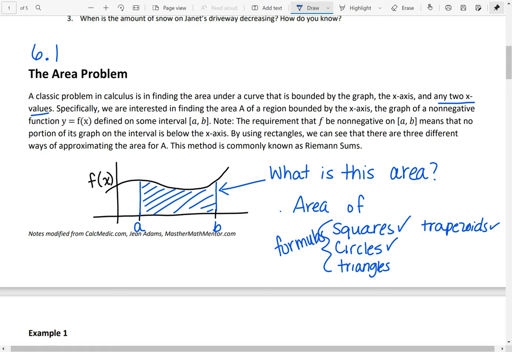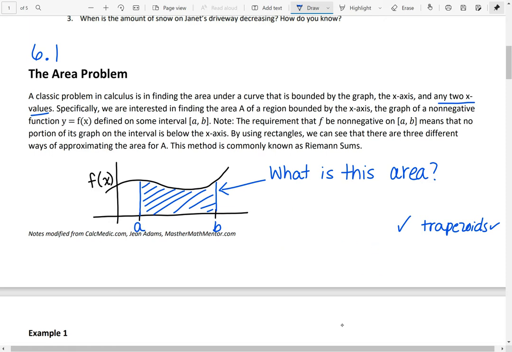The problem is this is a curvy shape, and it's not any of the geometric shapes that we found areas for in the past. So we have to come up with a way to estimate this area. One method of estimating it is by using rectangles.